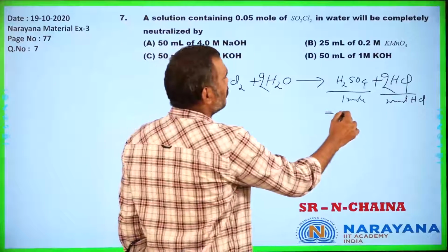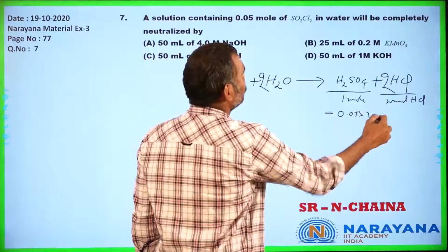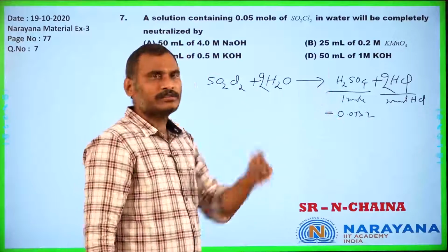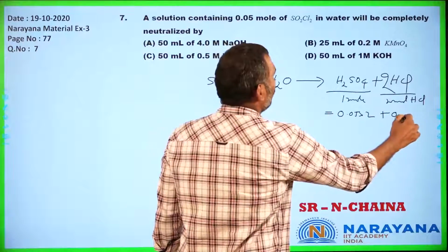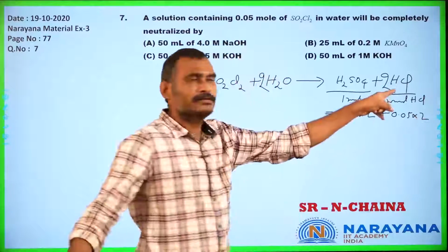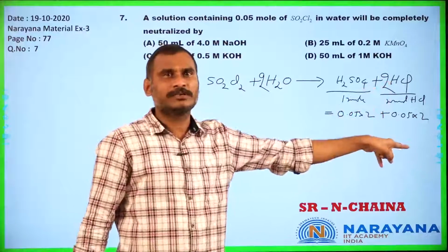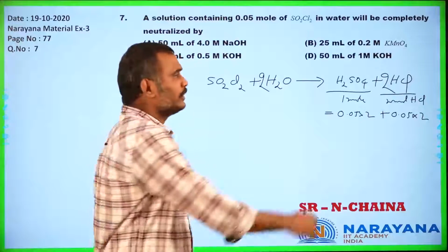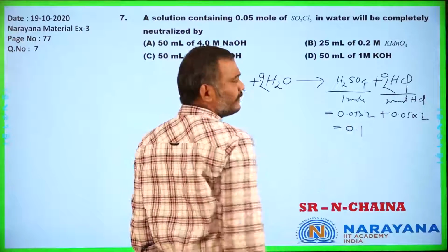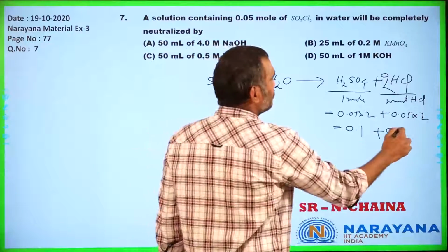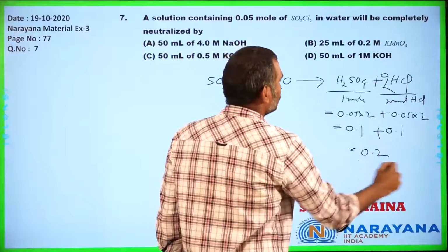That is equal to 0.05 into 2 plus 0.05 into 2. Why? Each H2SO4 gives 2 H plus ions. 2 fives are 10, that is 0.1, and another 0.1, that is equal to 0.2.